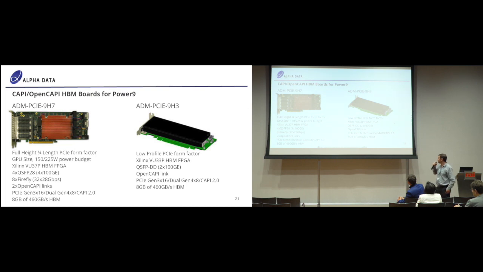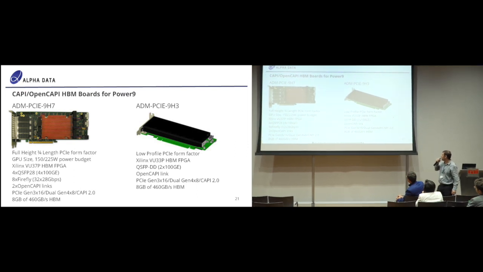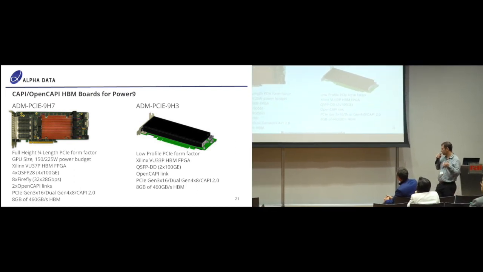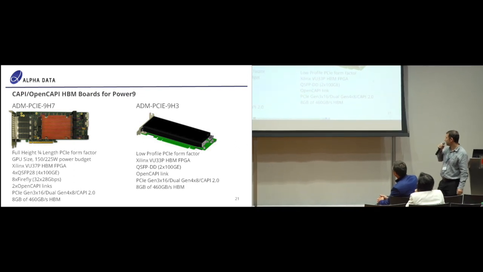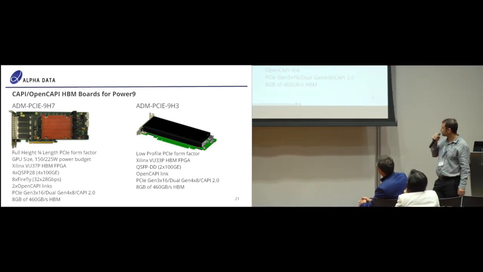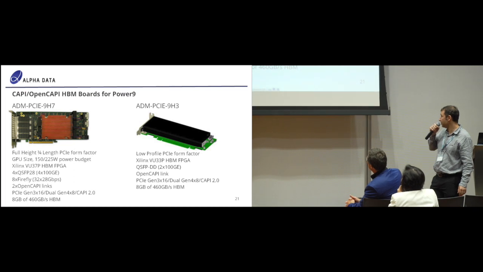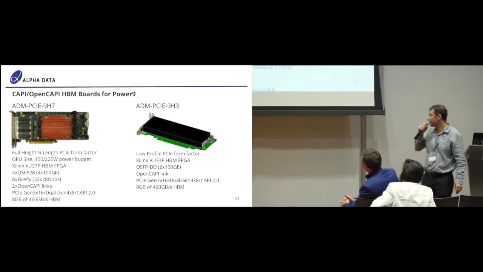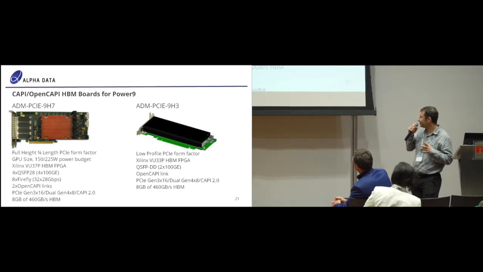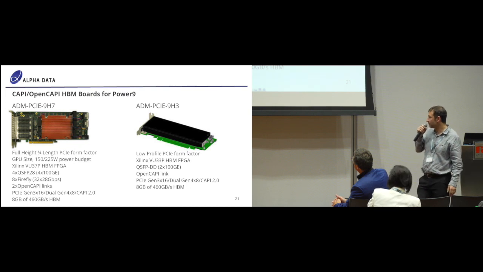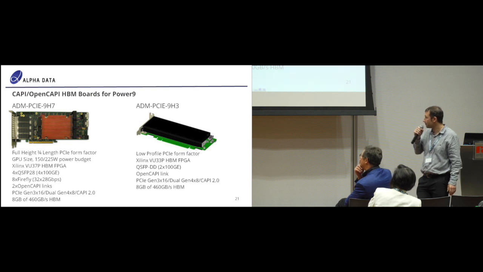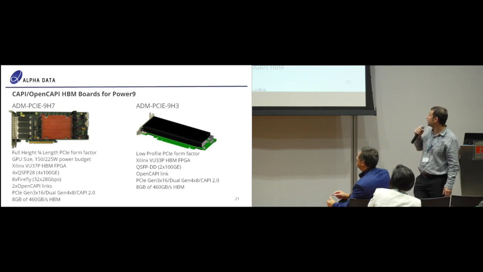Beyond this, there's two other boards that this IP could be targeted at. The ADM PCIe 9H7 that we have at our booth, which is a fairly heavy weight VU37P HBM FPGA. This doesn't fit into too many Power 9 systems, but we're certainly keen on seeing them in the Mihawk systems from Wistron.